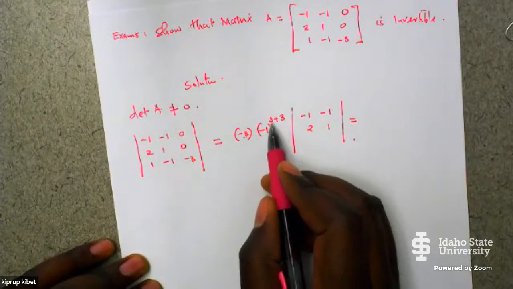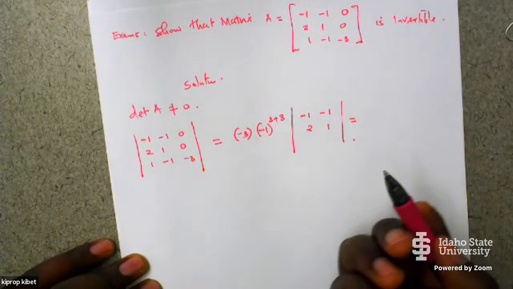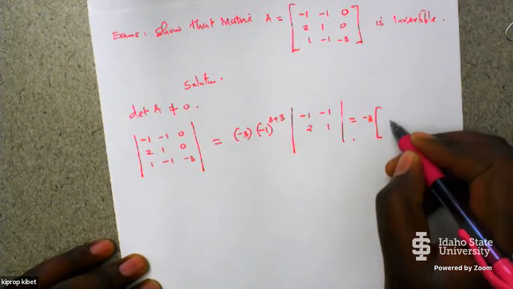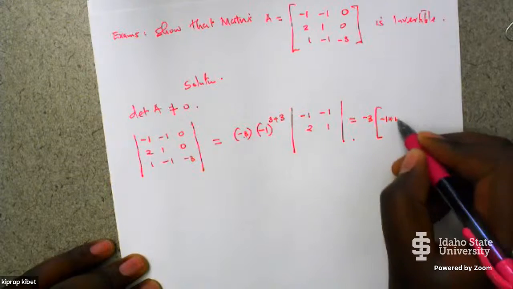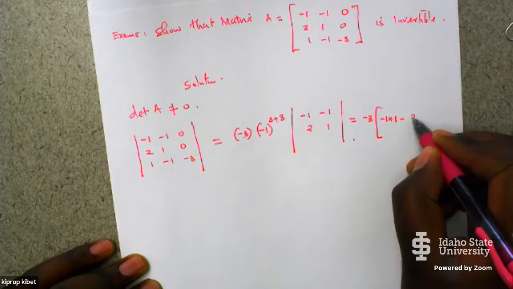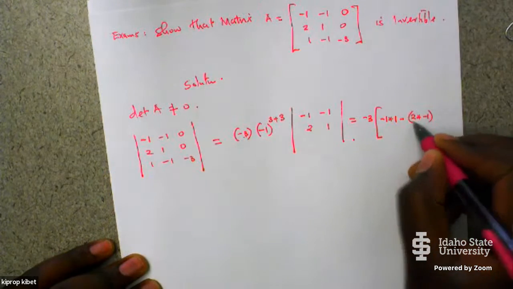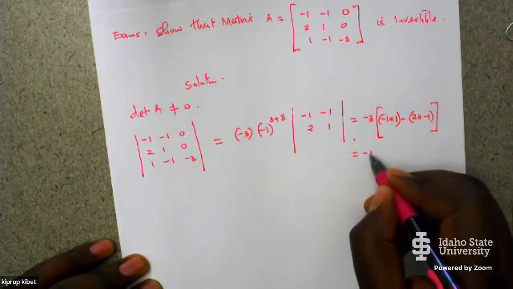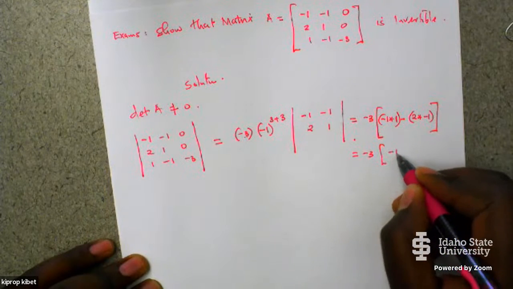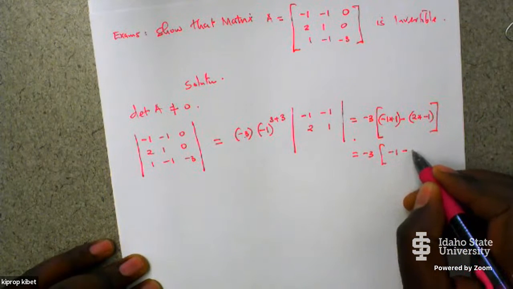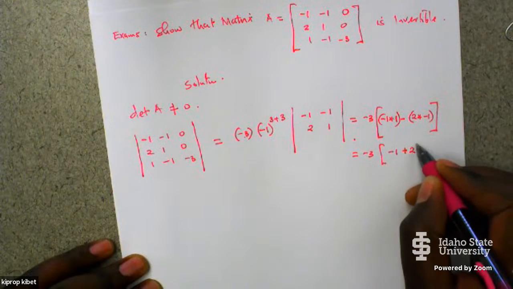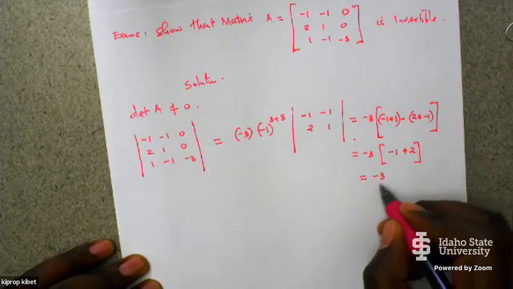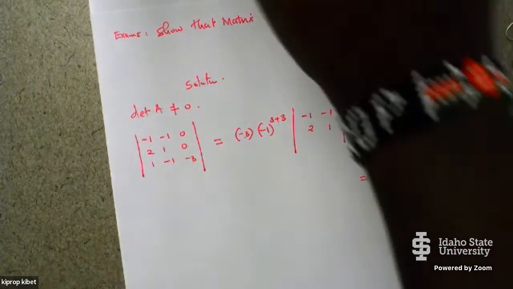This is -3, and the exponent is 6, which is even. So we have -3 times (-1 multiplied by 1, minus -2 multiplied by -1)... which is -1 plus 2... and this will give us -3.